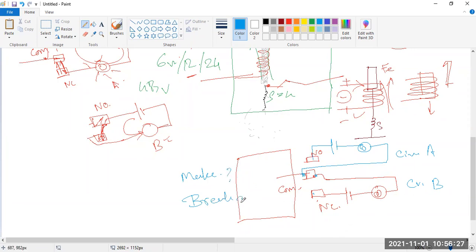Guys, please tell me the answer. You see this connection?